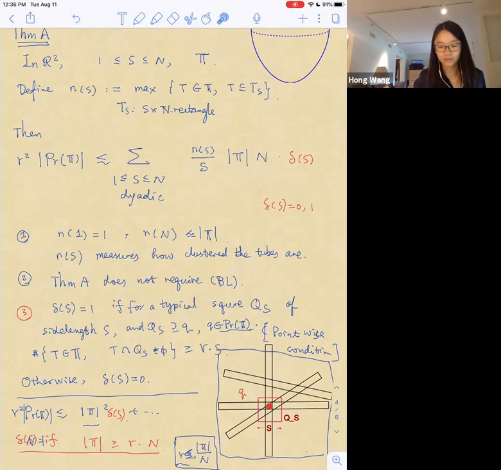And now, even though the statement of Theorem A looks complicated, the proof is actually not as complicated as the statement.